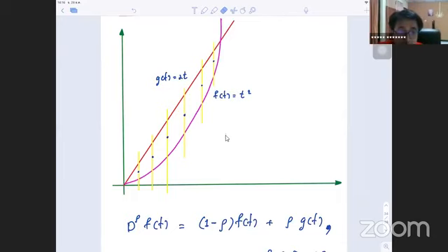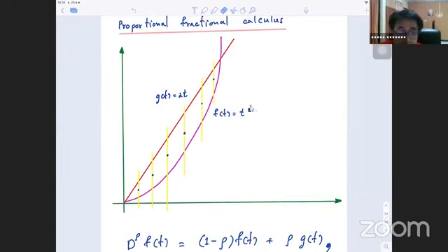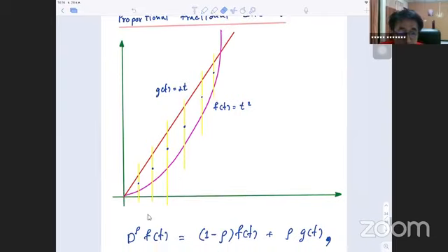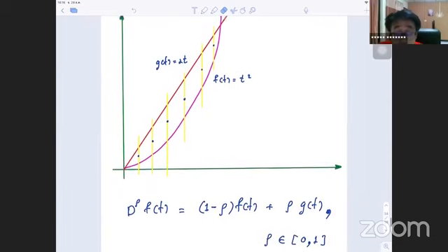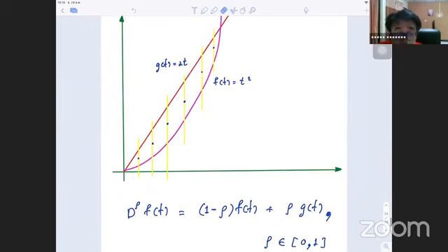If you have two graphs, one graph is t square and another graph is 2t. The proportional derivative defined by this. D rho f equal to (1 minus rho) f plus rho f' this. Rho between 0 and 1.